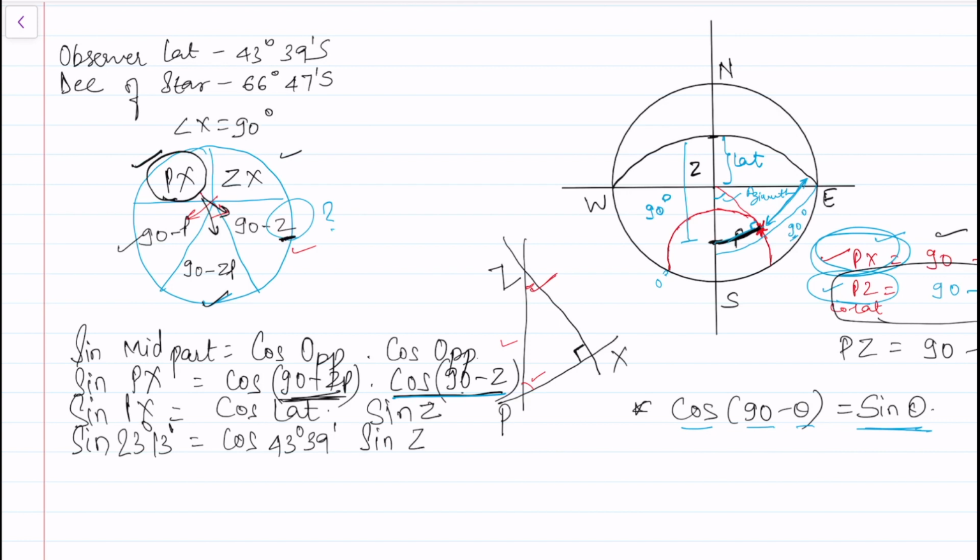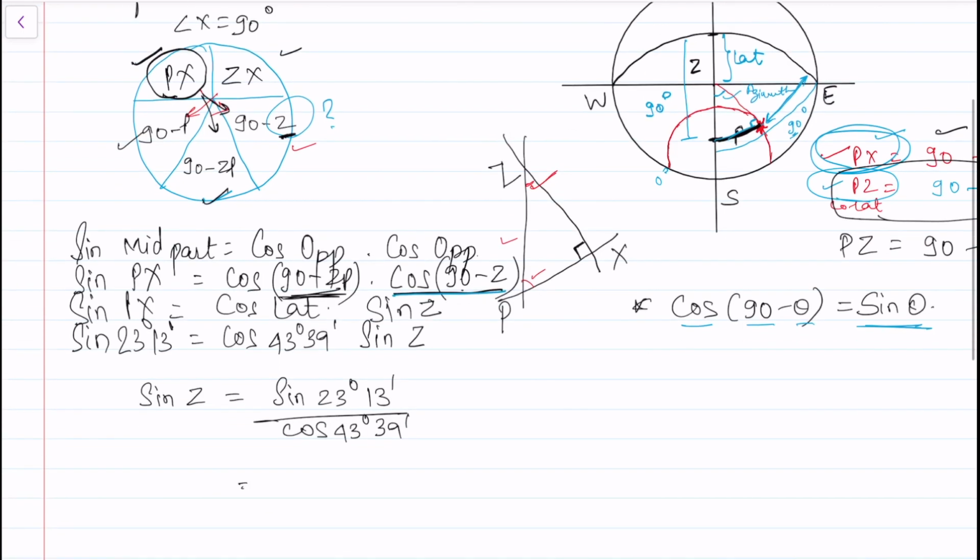So sine of Z is equal to sine of 23 degrees 13 minutes divided by cos of 43 degrees 39 minutes. So you get 0.5448. This is sine of Z.